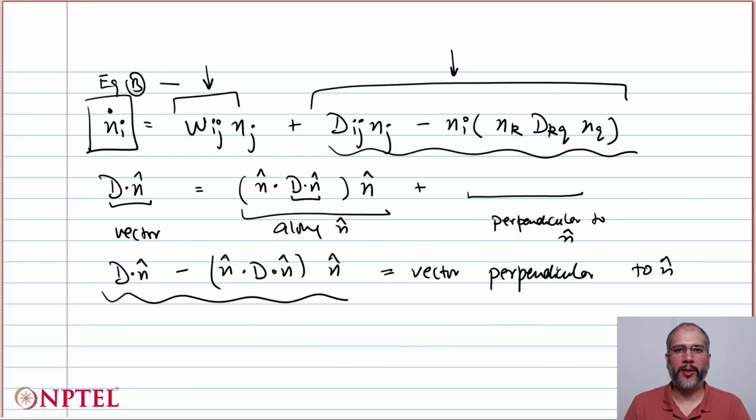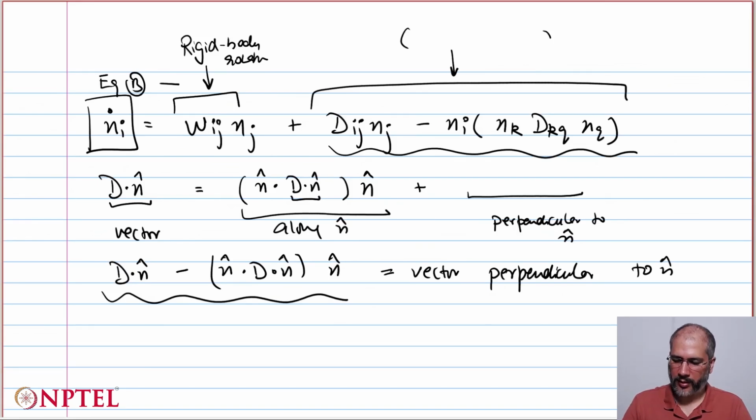You can simply take a dot with n for both vectors and you will see it will be a 0. But this w_ij n_j was because of rigid body rotation. That is, this w_ij n_j was resulting in the n vector to rotate because of a rigid body rotation in the continuum.